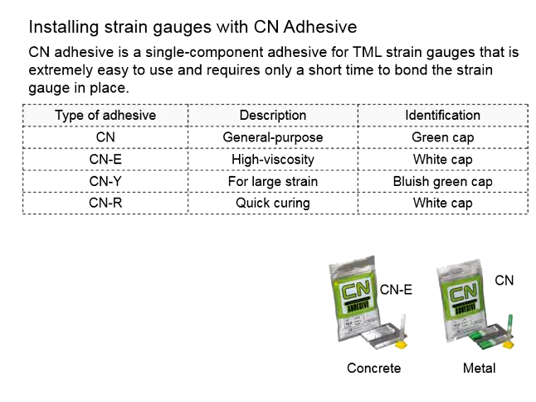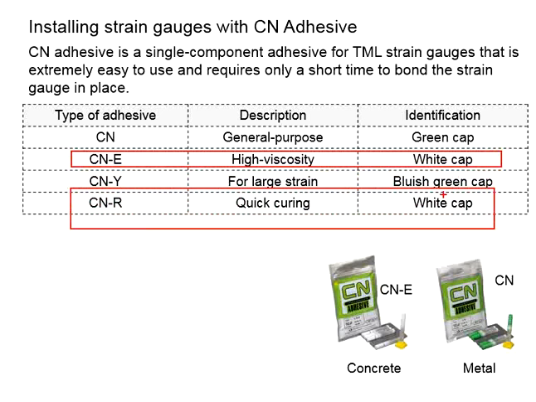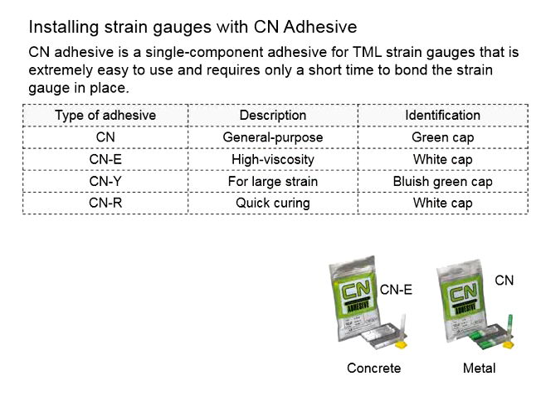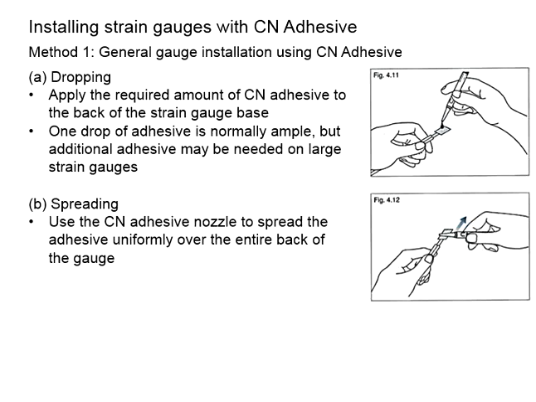However, you see, CNE and CNR both have white cap. Therefore, the best way is not to mix up the bottles of this adhesive with the others in their packet. Now let us talk about the general gauge installation process using CN adhesive.